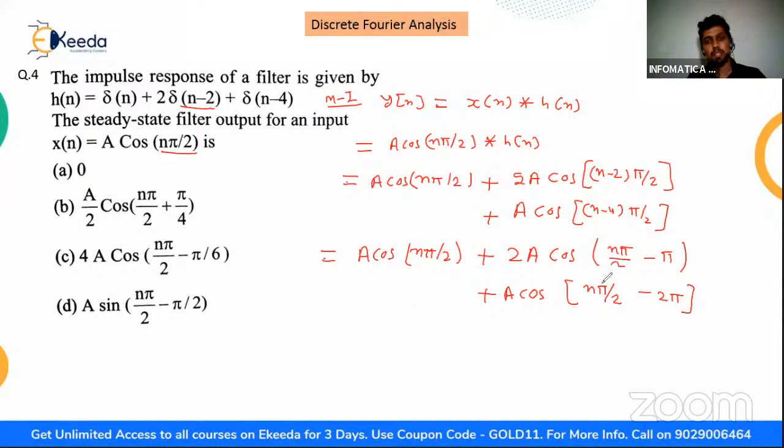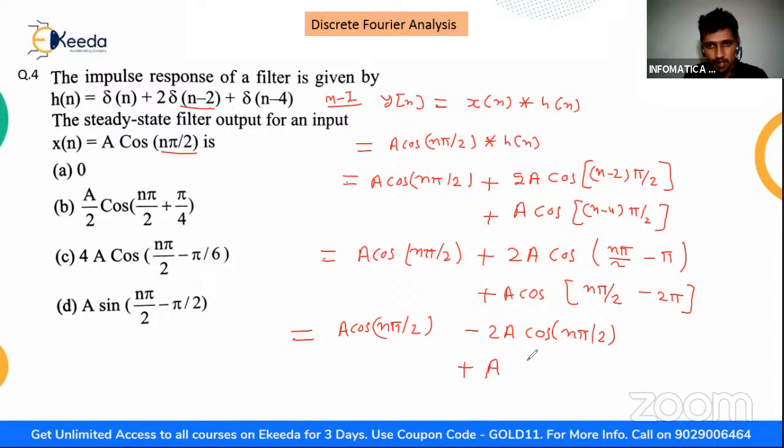On simplifying, cos of pi minus theta will be minus of this theta. So this is basically a cos n pi by 2, this will be minus 2a cos n pi by 2. Cos of minus theta is cos theta and cos of pi minus theta is minus cos theta. Using those properties of trigonometric functions, and this will be plus a cos n pi by 2, since cos of 2 pi minus theta is cos theta. So this will result in 0.